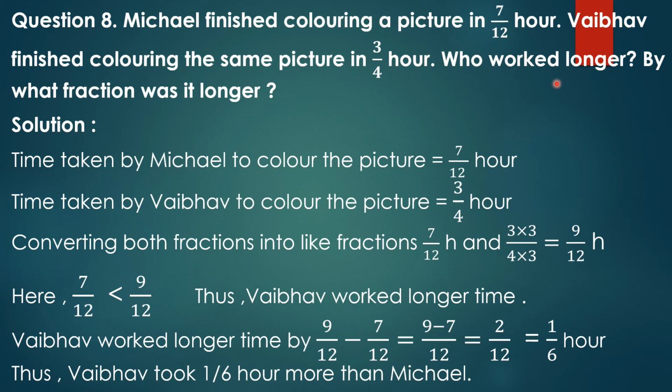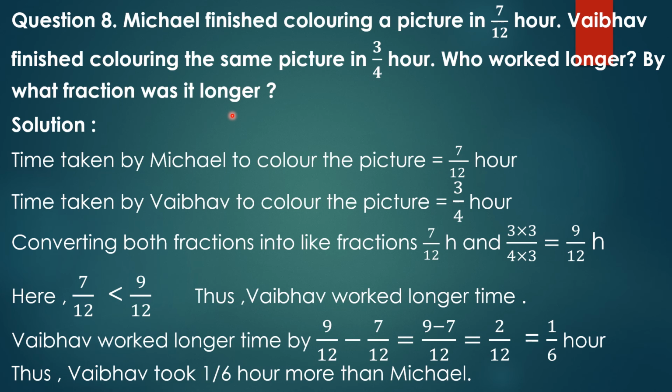Who worked longer? We have to compare these two fractions, say which is the larger, and based on that conclude who worked longer and also by what fraction it was longer. So how much time is it more.